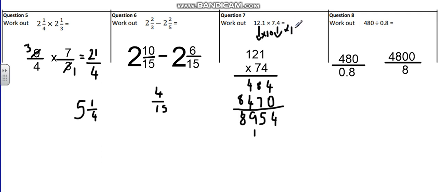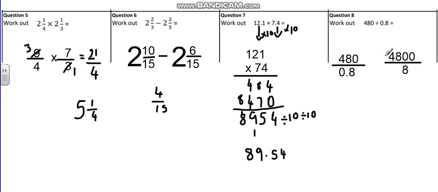So I'm going to have to divide my answer by 10 twice. Okay, so if I divide by 10, it gives me 89.54. And I can check that, because if I rounded these, 12.1 would be about 10, 7.4 would be about 7, 10 sevens are 70, so my answer's in the right region.